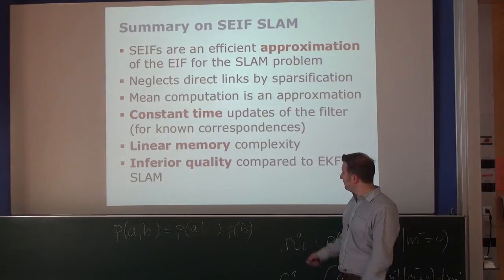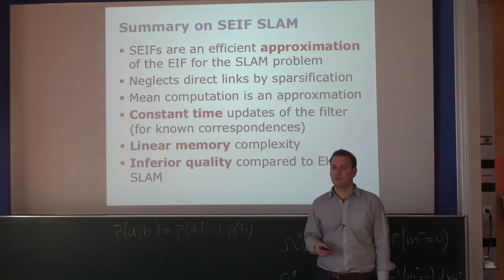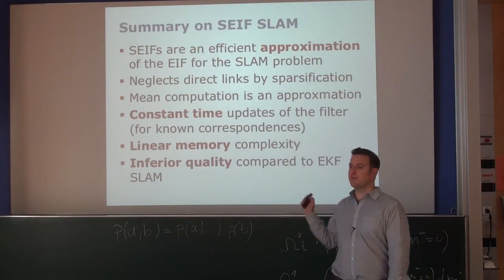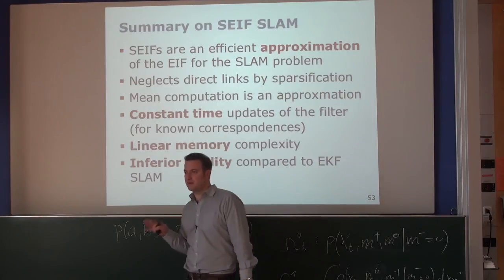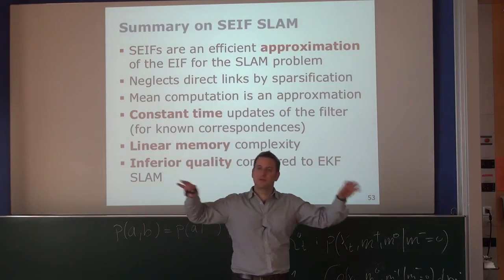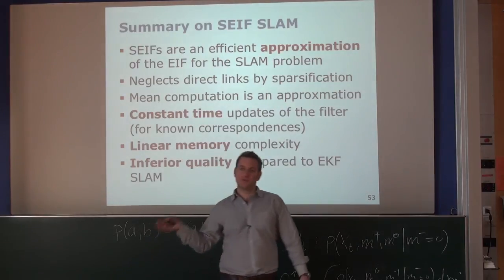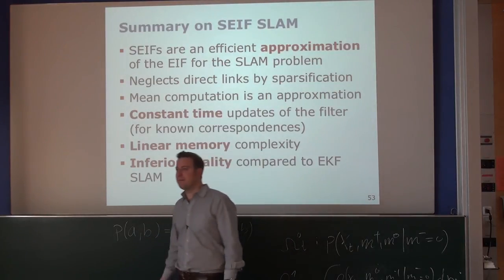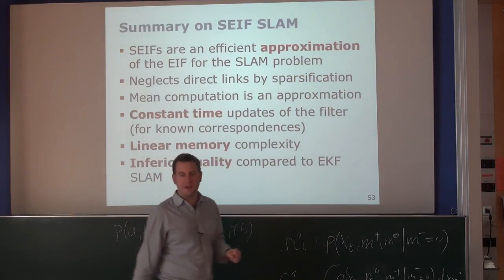And this is a constant time algorithm, which is quite remarkable in the context of SLAM, assuming that we have known correspondences. If I need to search for correspondences, this may change the game a little bit, because I may need to look into a larger number of landmarks to identify which landmark I currently observe, to which landmark in my map this corresponds. This can be more costly and depends on the setup that we have.